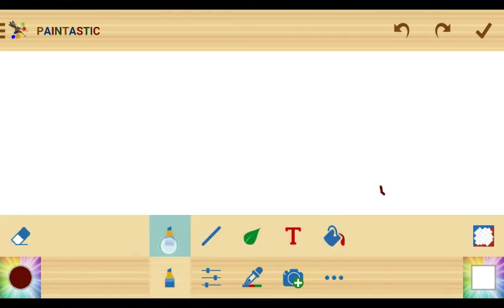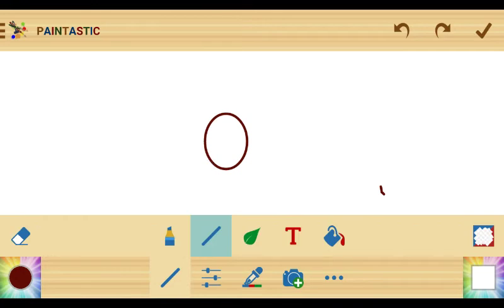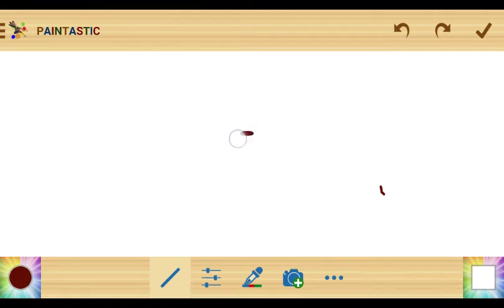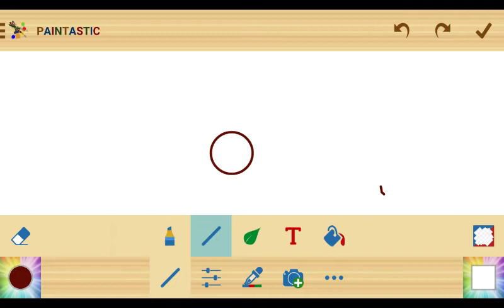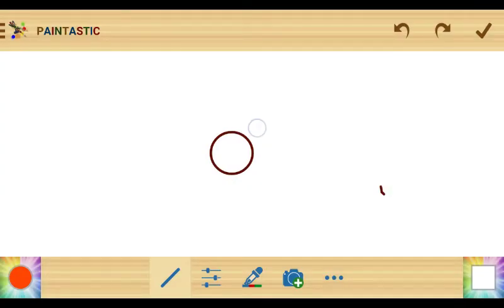So I'll make a diagram first of all. Take a sphere. I made the smaller sphere first. Then I choose another color.